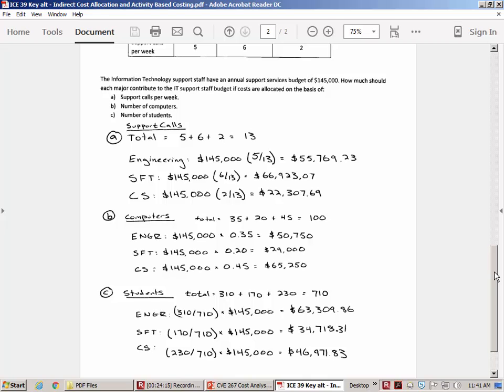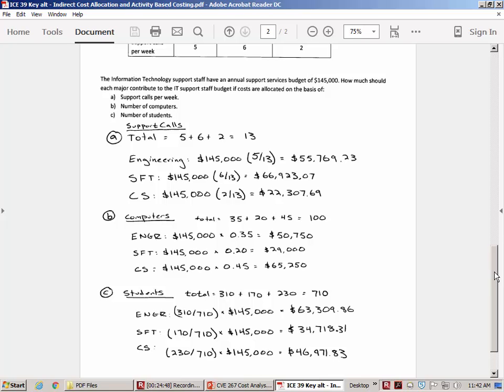The computer science division, though, wouldn't like that one bit because they probably think we're so good at computers, we're not generating any of the support. So the computer science division wants it to be on the basis of support calls. And so 2 people vote for computers, 1 person votes for support calls, and probably the dean should say, let's just do it on the basis of students, because that splits the difference, and if no one's happy, then that means the dean has done his job correctly, or her job correctly, right?